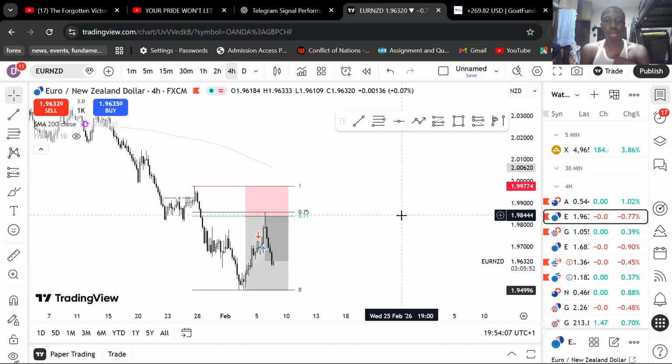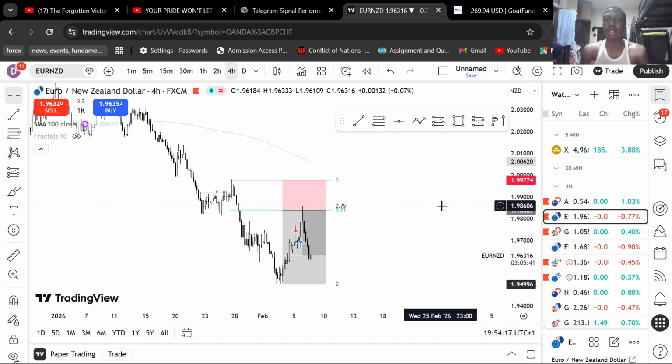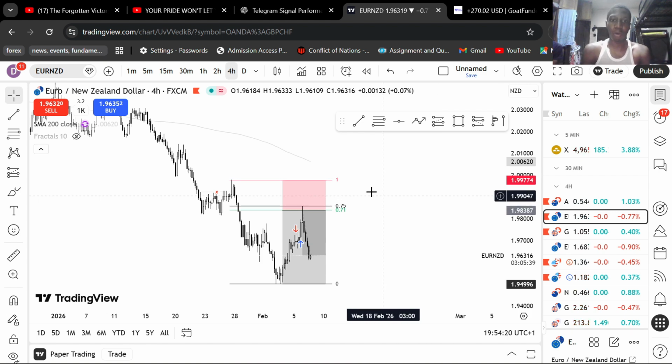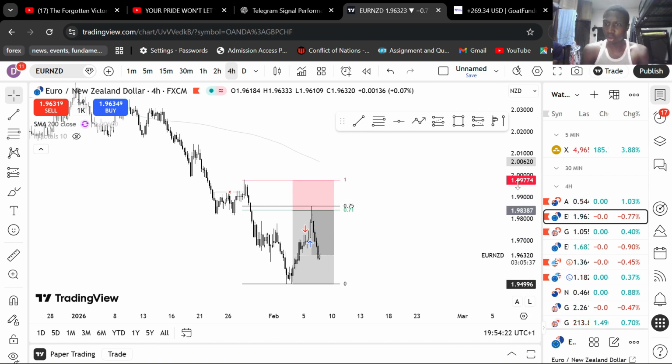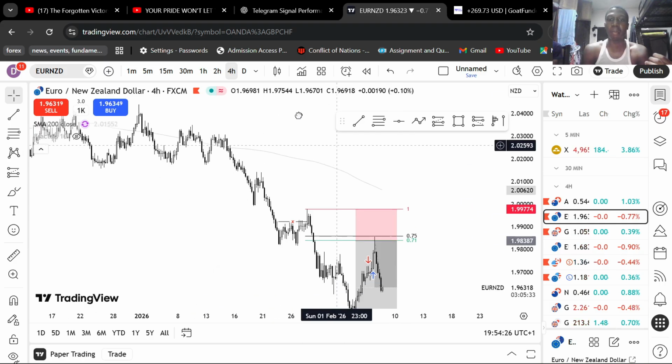Next thing we have is Euro NZD. This also aligns fundamentally. The NZD is very strong right now because I think we're in a risk-on sentiment at the moment with all the stuff happening in the world, and the euro is quite weak, and the technicals aligned with the whole thing happening fundamentally.